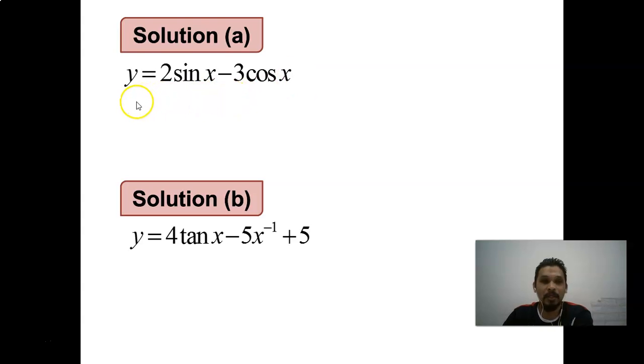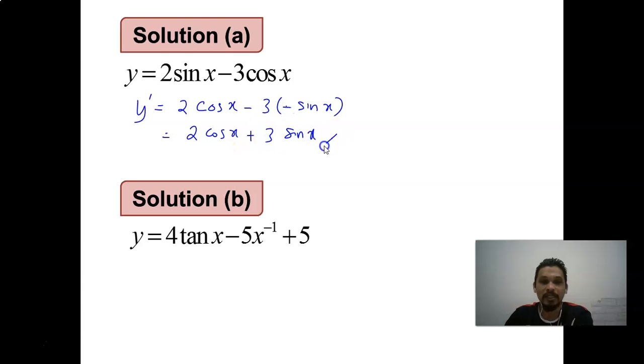Now, y prime equals 2 times the derivative of sine, which is cos x, minus 3 times the derivative of cos, which gives you negative sine x. So 2 cos x, negative times negative is positive, plus 3 sin x. And what about this one? y prime equals 4 times the derivative of tangent, which gives you secant squared x.